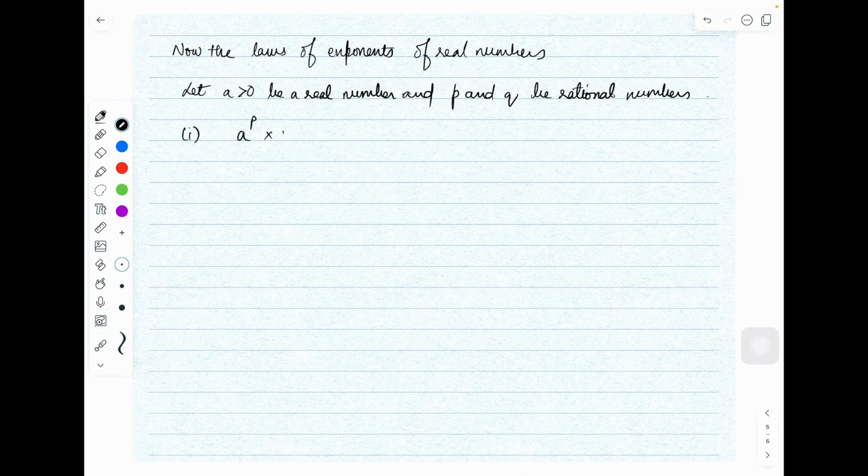The first law: a to the power p into a to the power q. If the base is the same but the exponents are different, the exponents will get added: a to the power p plus q. Second law: a to the power p to the power q. If the power is applied twice, the exponents get multiplied: a to the power p into q. Third: a to the power p by a to the power q.